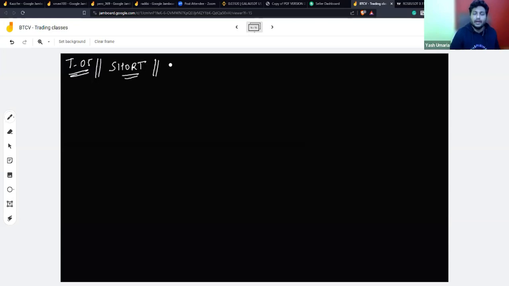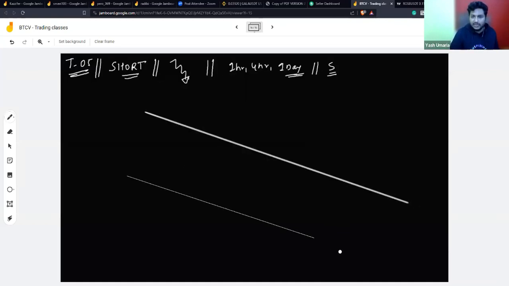Of course, you have to use this when the market is moving in the downward direction. Again, you can use the 1 hour chart, 4 hour chart, and 1 day chart. And this is also a swing trade. I don't think I need to explain, but still, let me know if you have any questions.